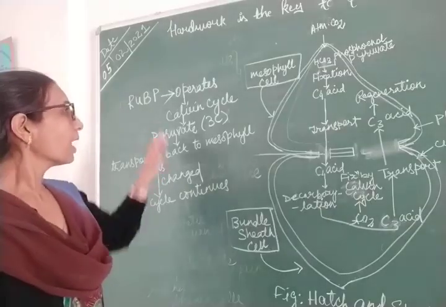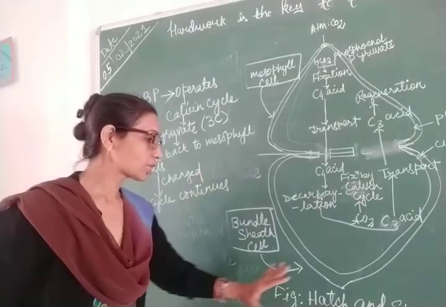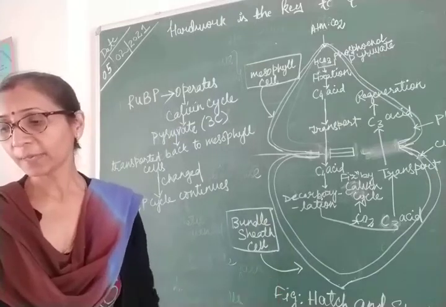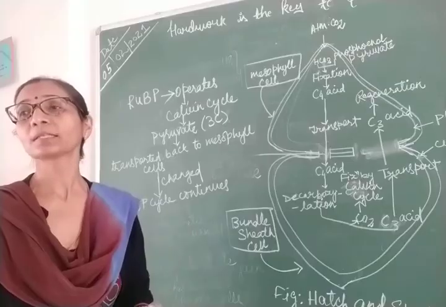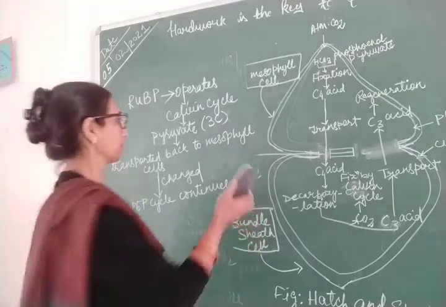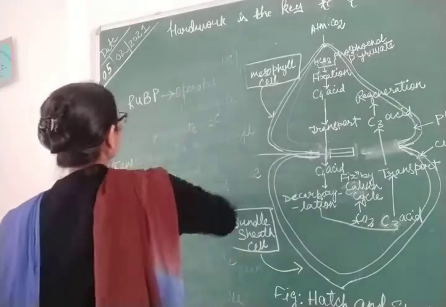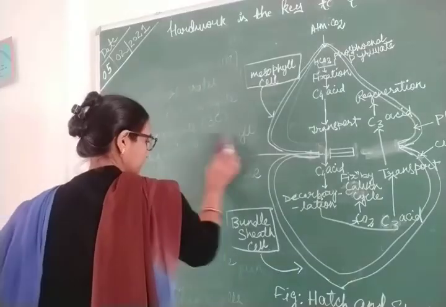Now, why does this Hatch and Slack pathway take place in C4 plants? How have the C4 plants been adapted? Let's see the adaptations of C4 plants.